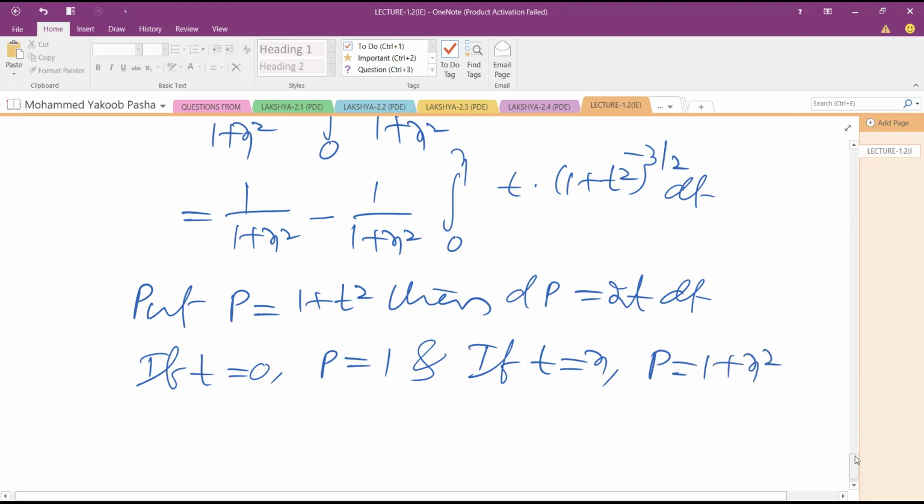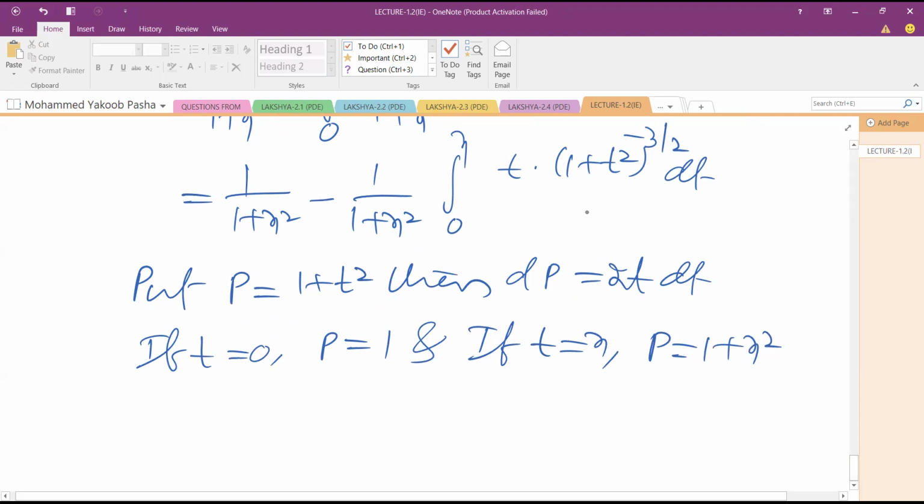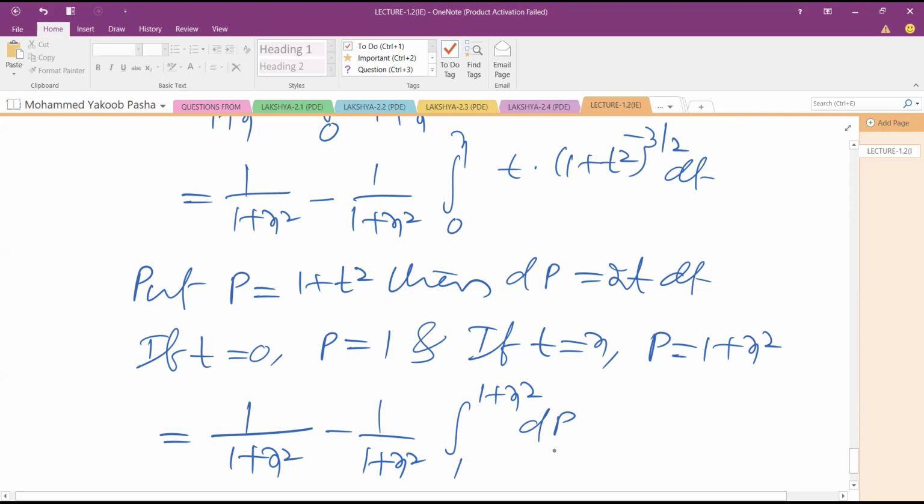These are the limits of the integration. So this is equal to 1 by 1 plus x square minus 1 by 1 plus x square integral from 1 to 1 plus x square. Lower limit is 1, upper limit is 1 plus x square. t into dt is dp by 2, and 1 plus t square becomes p, that means p to the power of minus 3 by 2.